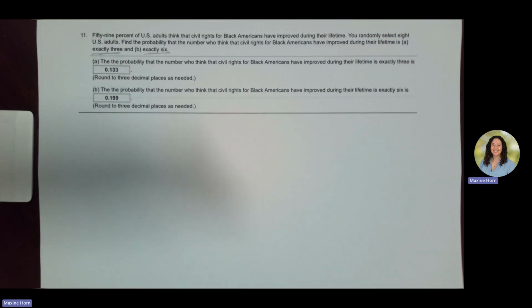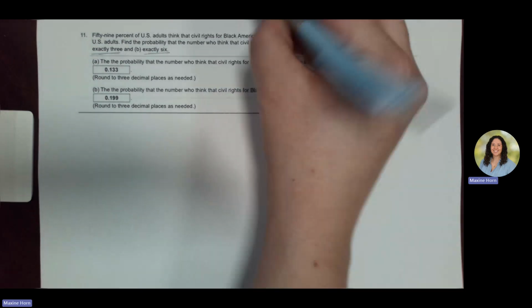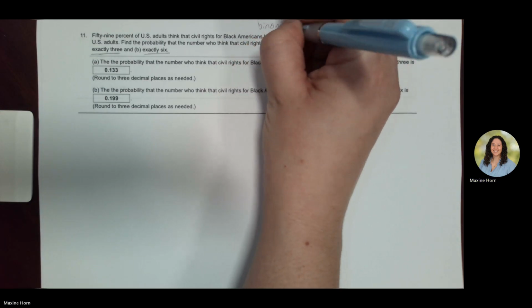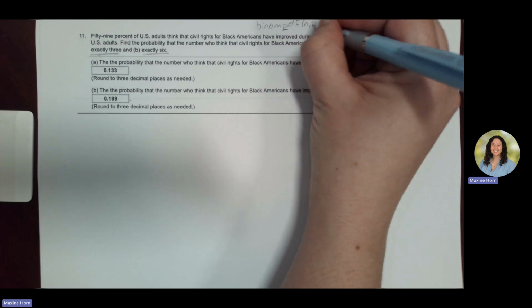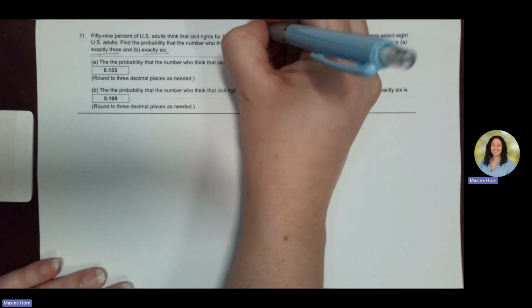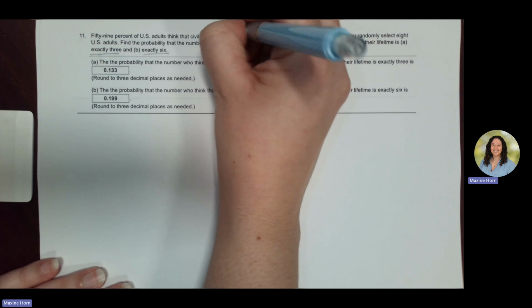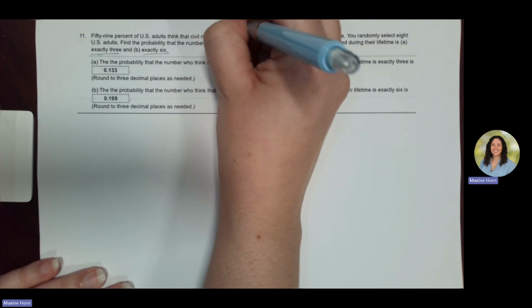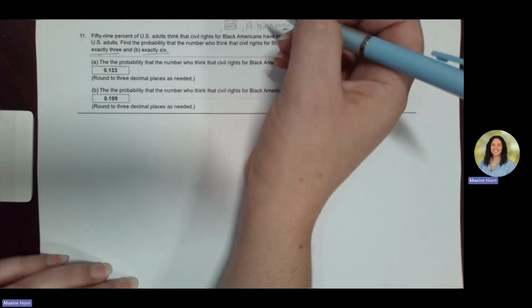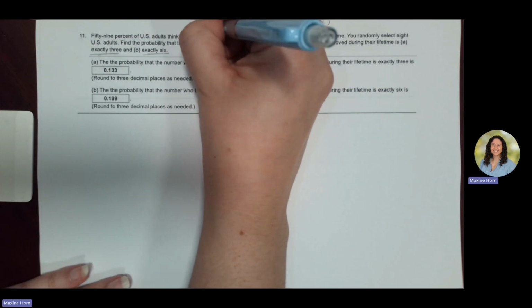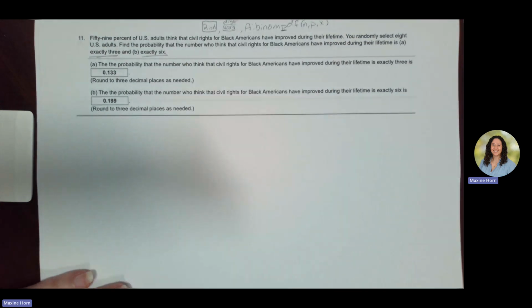We talked about this in the previous problem: if we're trying to do exactly, then we're doing a binomPDF, which is the A option when we do 2nd VARS, DISTR, binomial distribution. Sorry, I'm not used to working backwards.